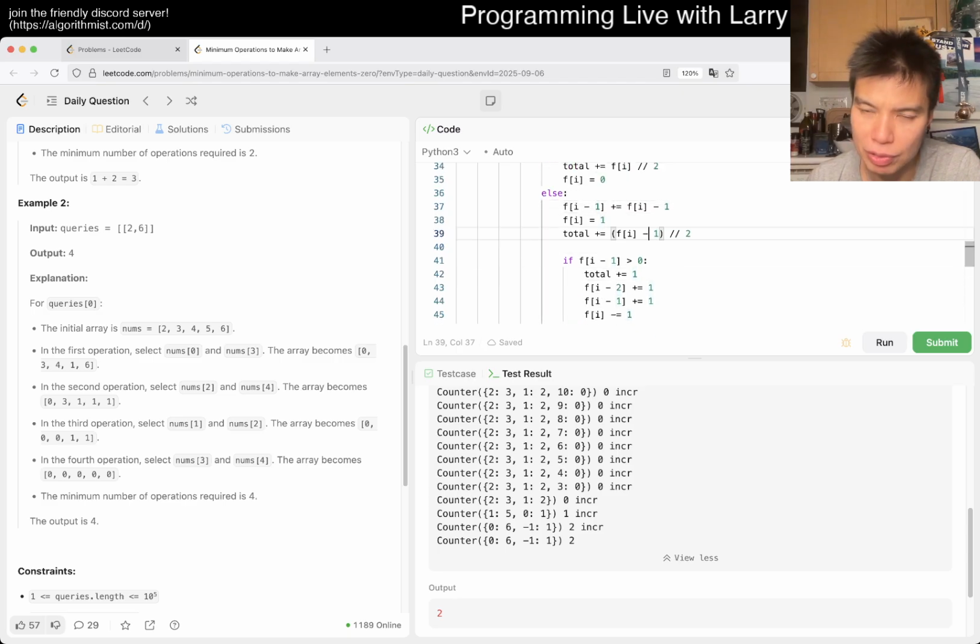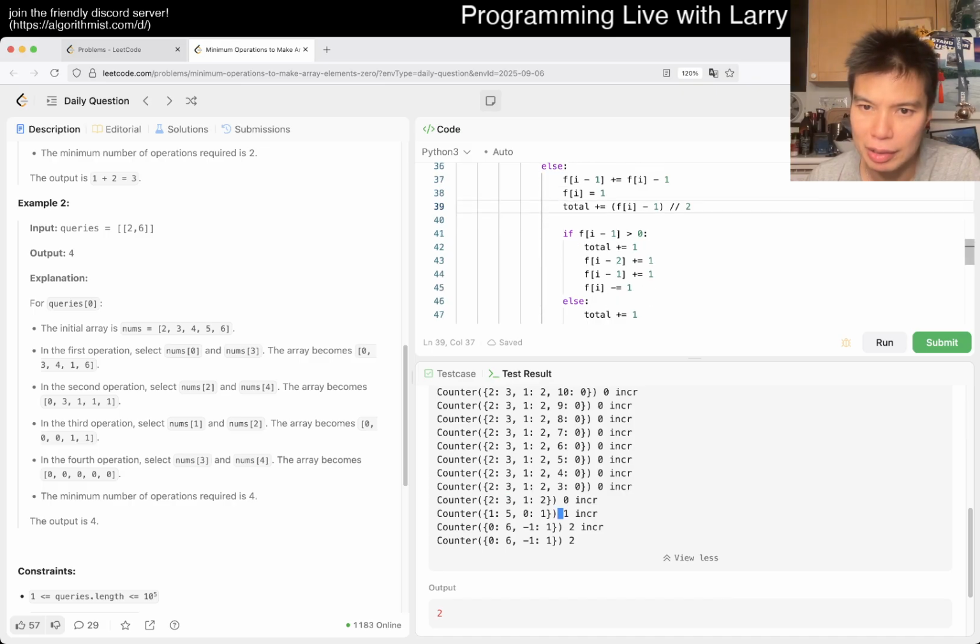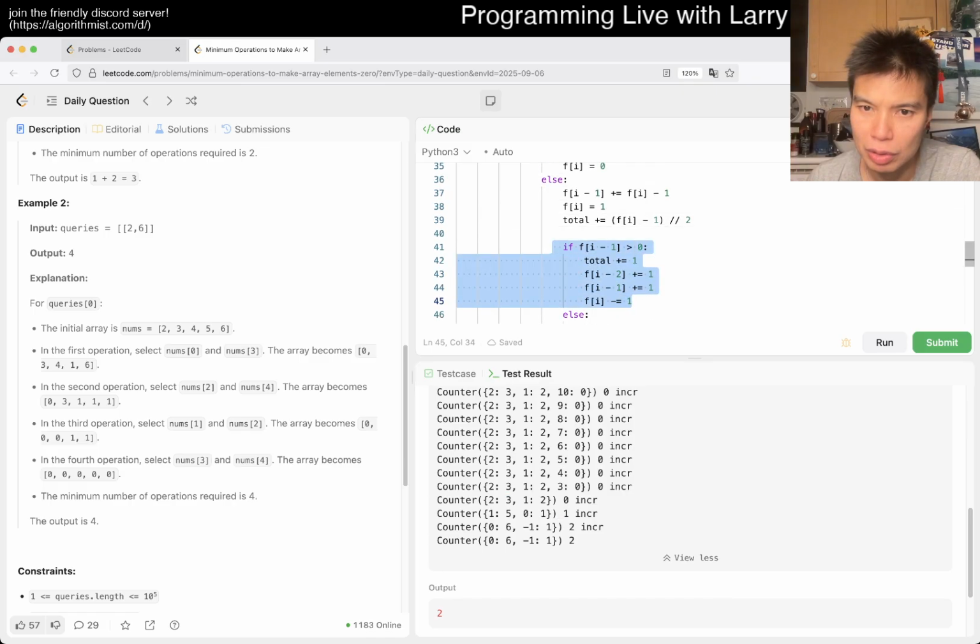Okay, so we have 3, right? We have 3 total increments by 1, which is fine. And then now this is true. So then it should total. Oh, I miscounted.